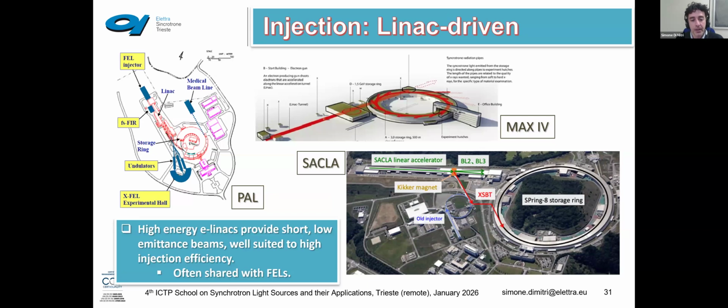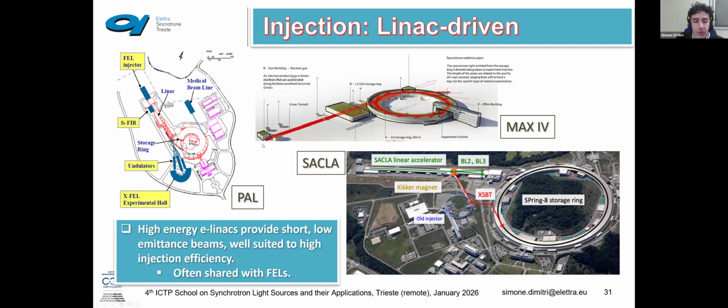Other facilities, a few in the world at the moment, are actually using very long high-energy electron LINACs to inject into the main ring instead of passing through a booster. This happens in Sweden at the Max IV laboratory, in Japan at SACLA, and in South Korea at the Pohang Accelerator Laboratory. Such a long LINAC brings the electrons directly to the target energy. At that energy, the electrons are injected into the main ring directly.